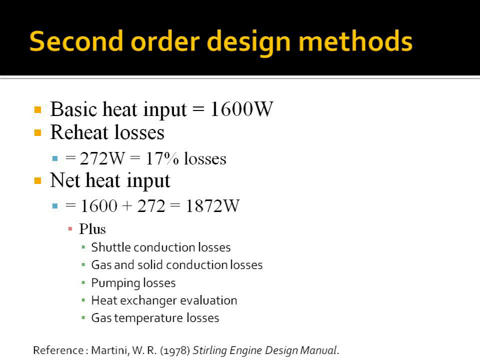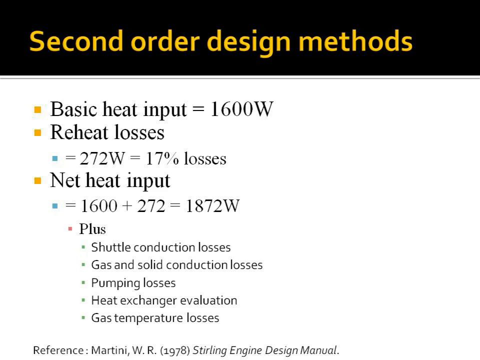Gas and solid conduction losses, I need to understand and calculate how the thermal energy will transfer from the gas, the working fluid within the engine, and how it transfers to the solids within it, being the cylinder walls and the displacer. Pumping losses as well I need to incorporate, as the fluid is increasing and decreasing in pressure as it's flowing through the engine, because at the moment the calculations are all considered at an average working pressure of the engine.